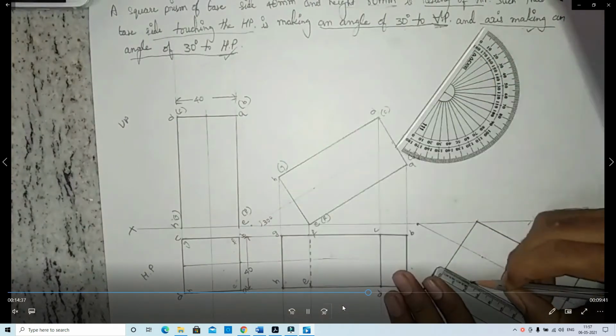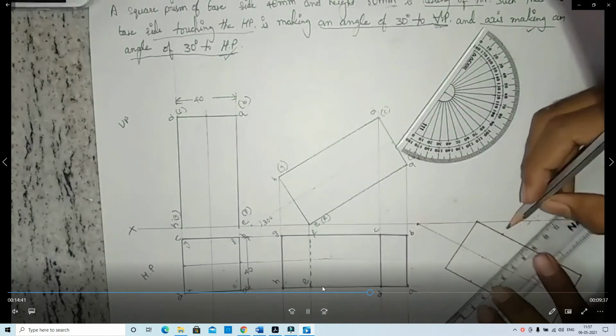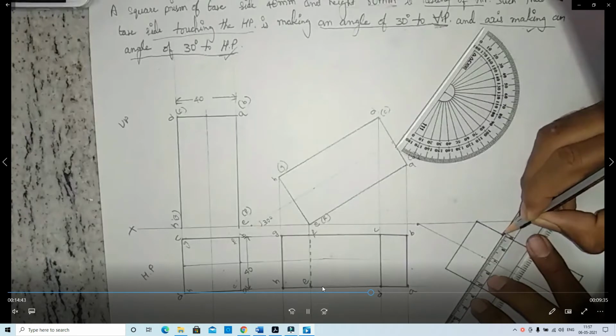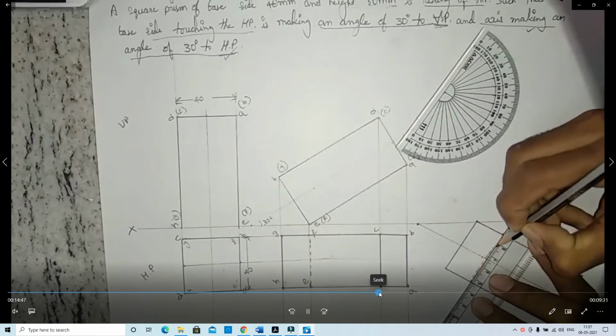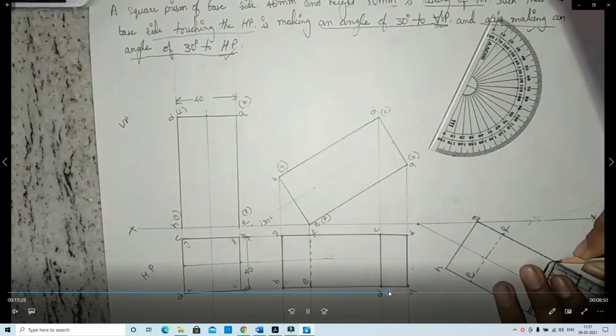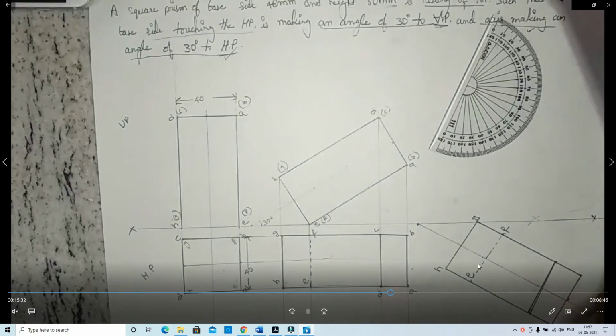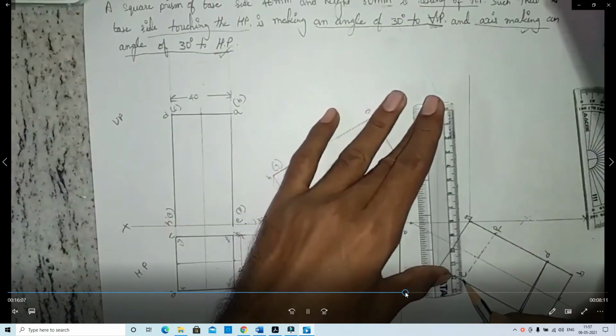Points are there. Second stage top view. What are the points here? Second stage top view. Same, this view also we identified here now. Okay. This is the third stage. Angle in 30 degrees inclination to VP. Now you extend the lines.